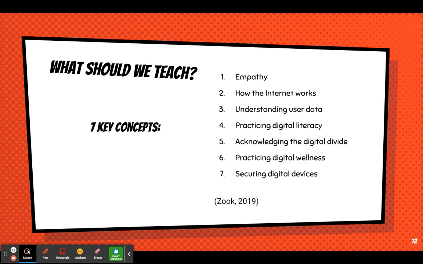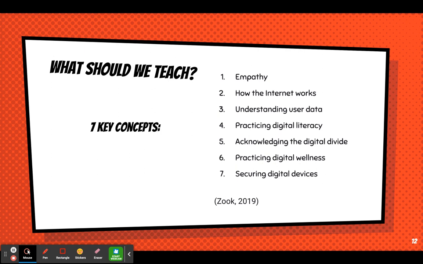Acknowledging the digital divide. Our students need to know that not everybody has internet. I think COVID really showed us the difference between those who do have it and those who don't. We were scrambling to make sure kids had devices and had internet access during that period, and we need to make sure our students are aware of that.